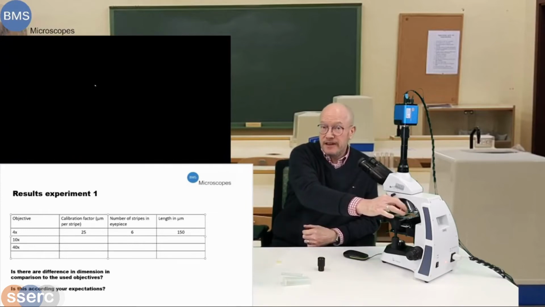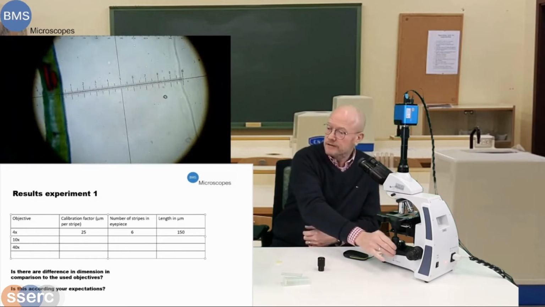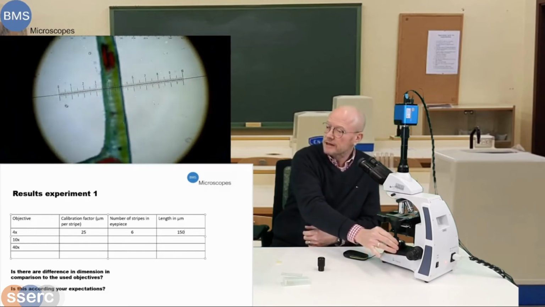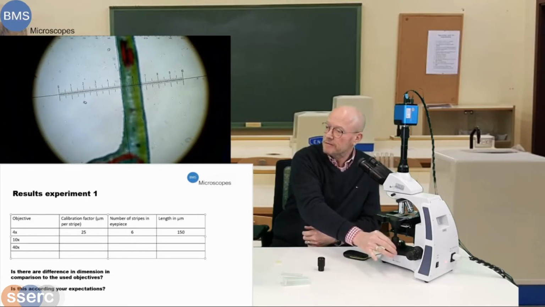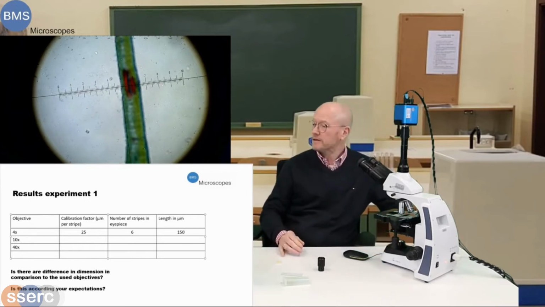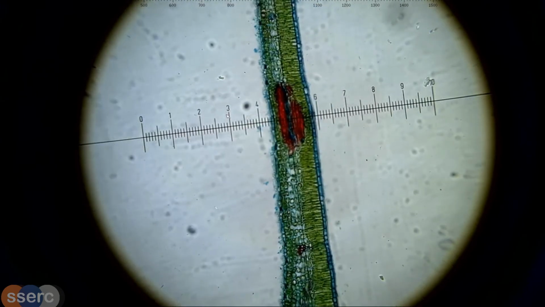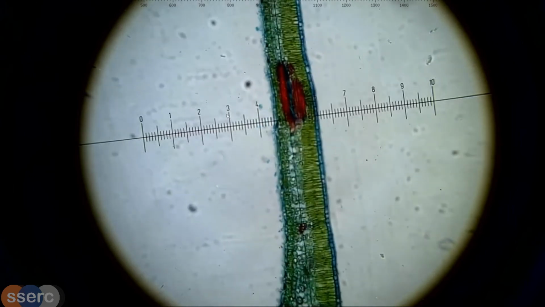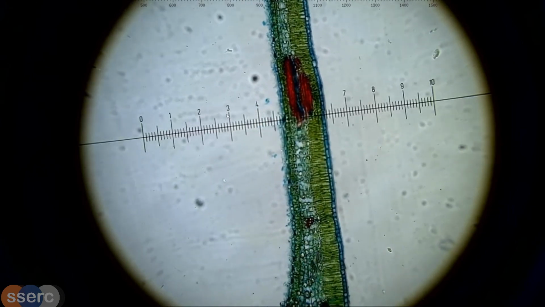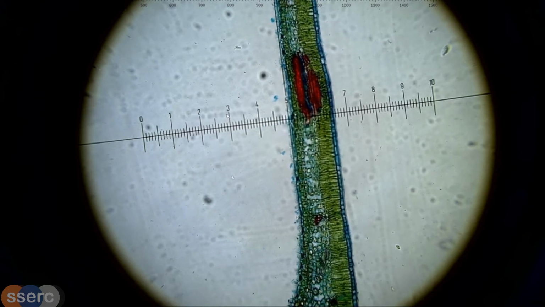If I go now to the next objective, the 10 times objective, we have to find the slide again. Let's make it more or less the same. I have to focus it a bit. That's it. Now I have to lower my ruler a little bit, because that was more or less the same spot as I had measuring with the 4 times objective.